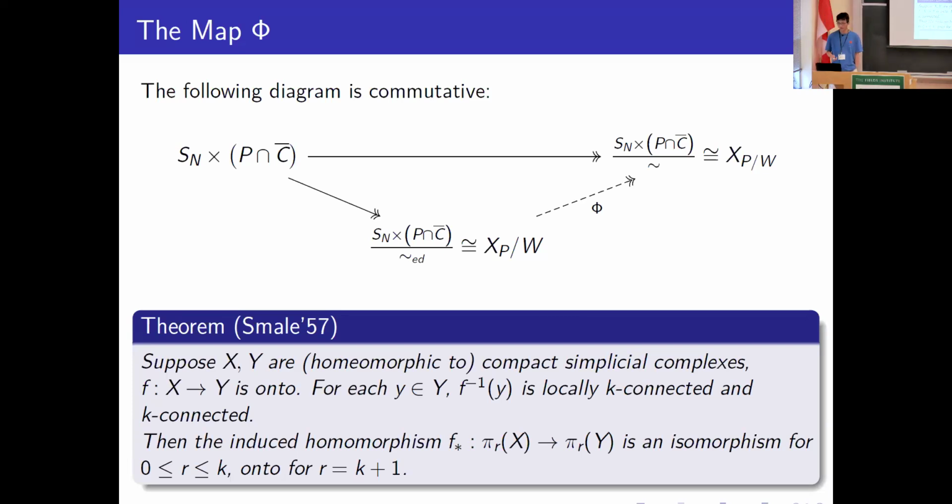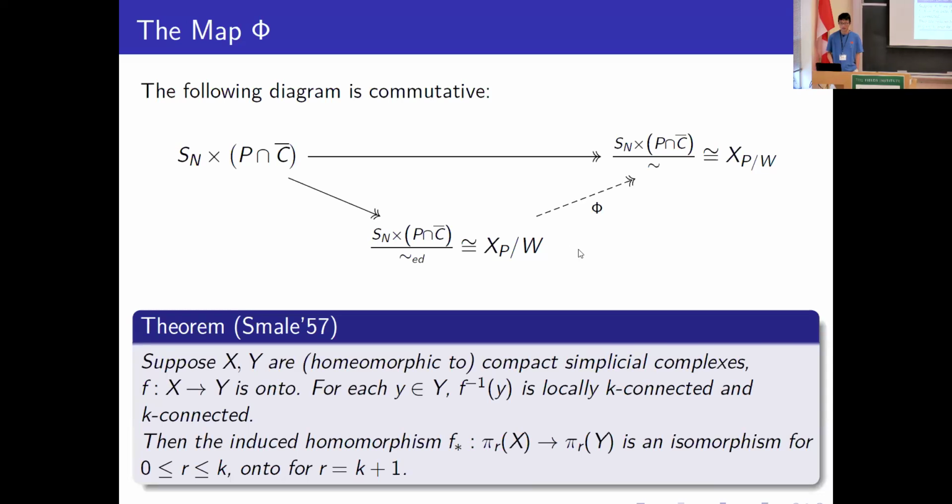Okay. In our case, this map phi, the target space and the domain space are both compact simplicial complexes, because one is a variety and the other one is a quotient of a variety. So to show this map phi is a homotopy equivalence with the help of the result from Snell, it is enough to show that each fiber of phi is contractible and locally contractible.